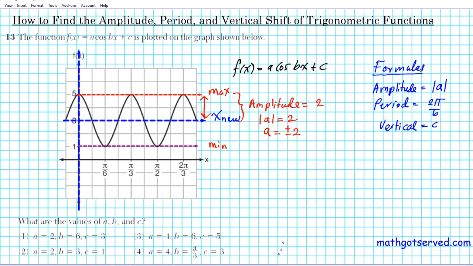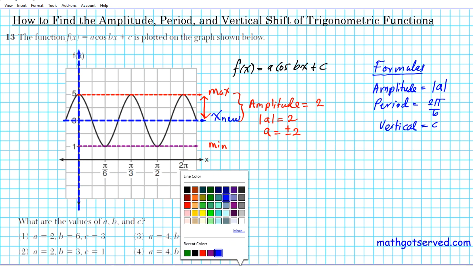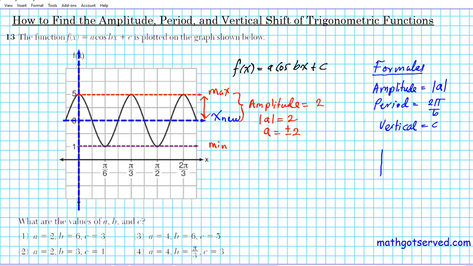In order to figure that out, we need to go back to the configuration or orientation of our cosine functions. The positive cosine function starts from the maximum and goes down. It's just like a cup. So this is y equals a cosine x.